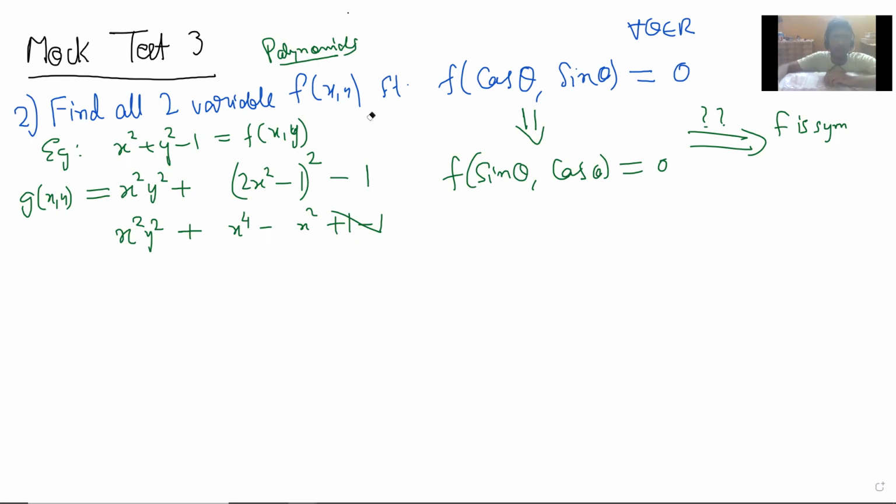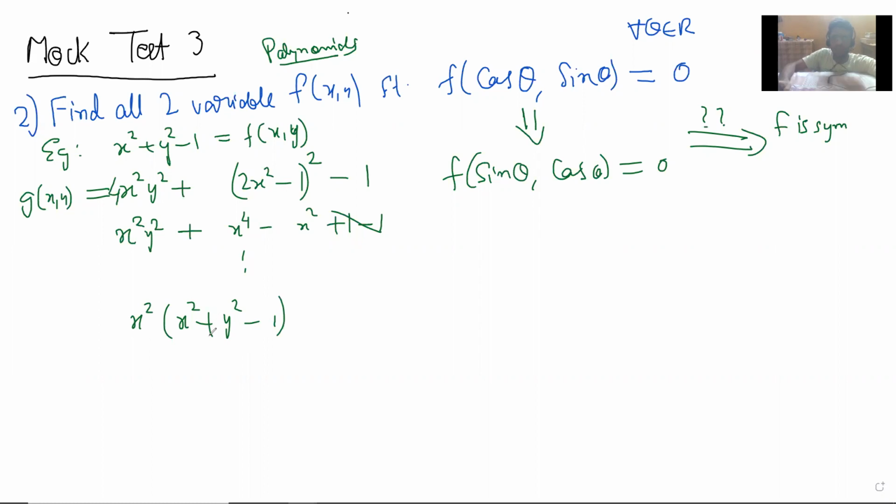Something like that. When you calculate this, you will get that it's again a multiple of f. Something like this you will get.